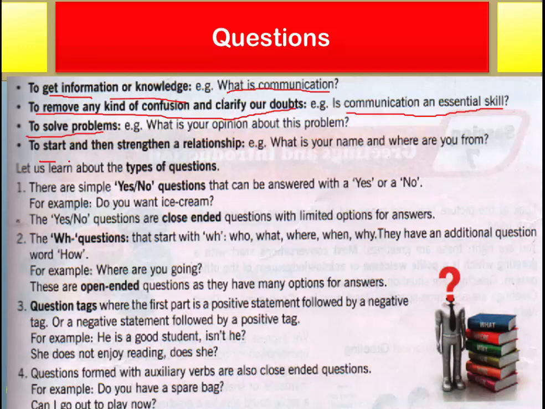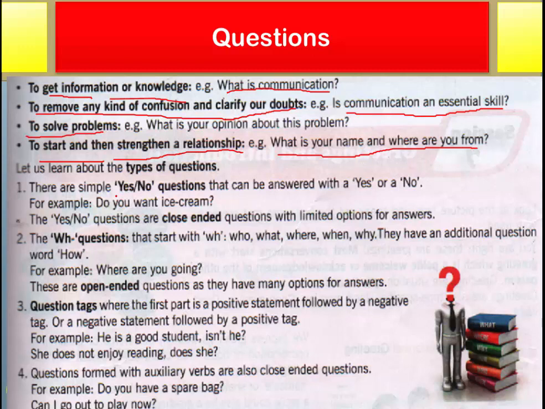To start and then strengthen the relationship. For example, what is your name and where are you from? We just want to start communication with someone, and then we want to strengthen the relationship to make it stronger.